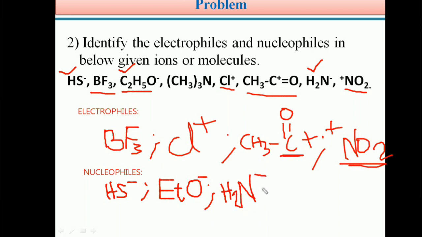So students, we know a species having a negative charge will act as a nucleophile. In addition to negative charge, some molecules having a lone pair of electrons, meaning an electron excessive nature, will act as nucleophiles. So in the given list of compounds, trimethylamine, (CH3)3N, has a lone pair of electrons on nitrogen, and this nitrogen is connected to three methyl groups.